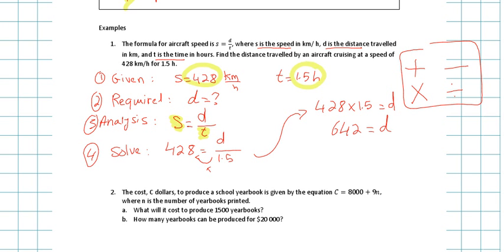So that's 642 kilometers. So I'm going to say in my therefore statement, because that's my last step, the distance traveled by the aircraft is 642 kilometers.